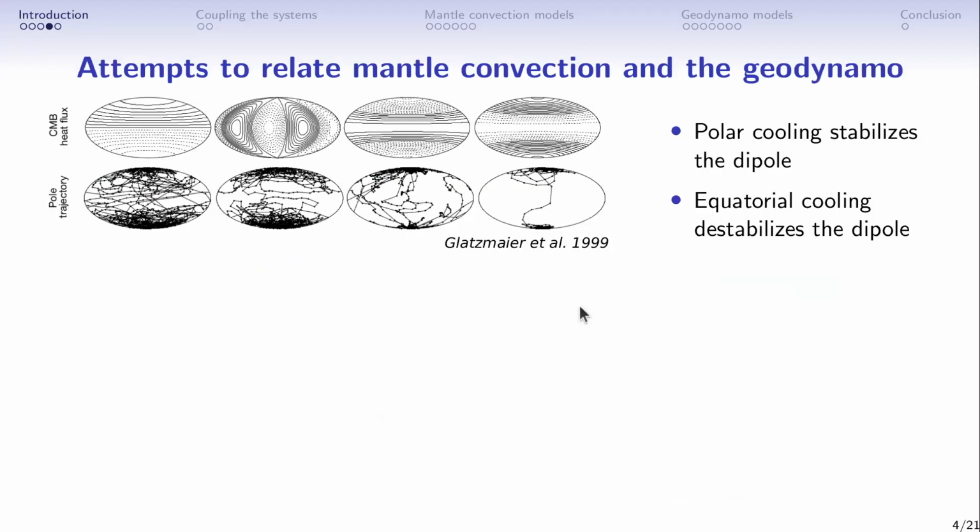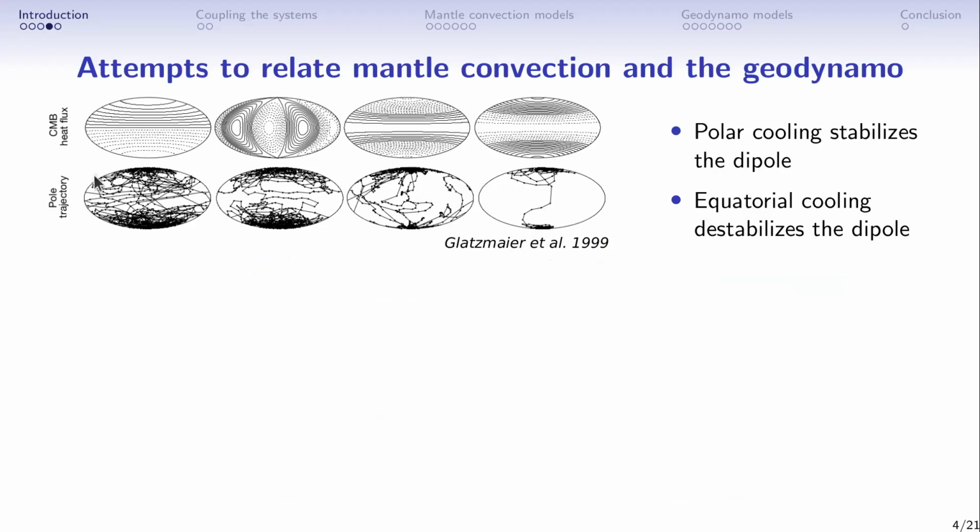So because we know that heat flux heterogeneities should exist at the CMB, we can try to see the effect it has on the geodynamo. A first way to do that is to apply a heat flux pattern at the top of the core in dynamo models. And it has been done as soon as the first geodynamo models have been available, by Glatzmaier and collaborators. This figure is taken from their study.